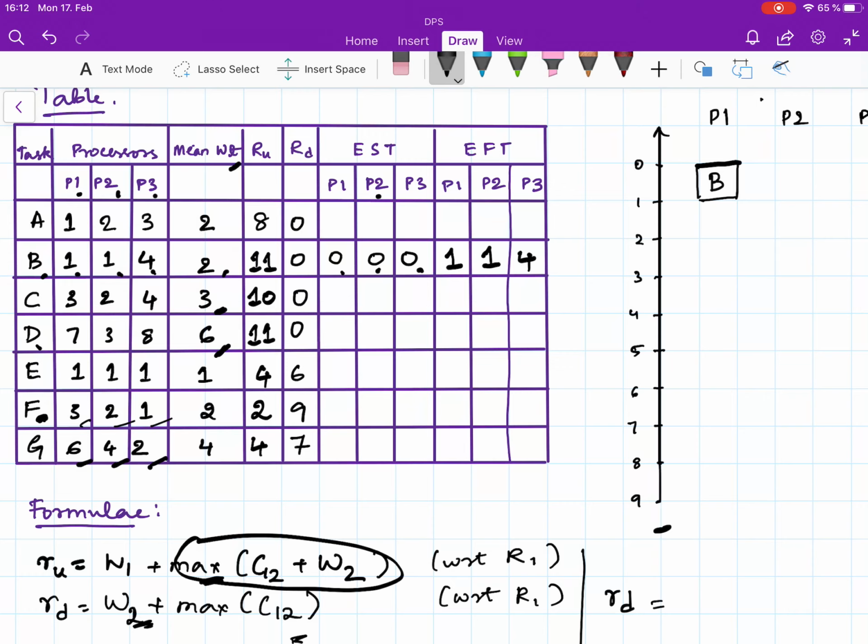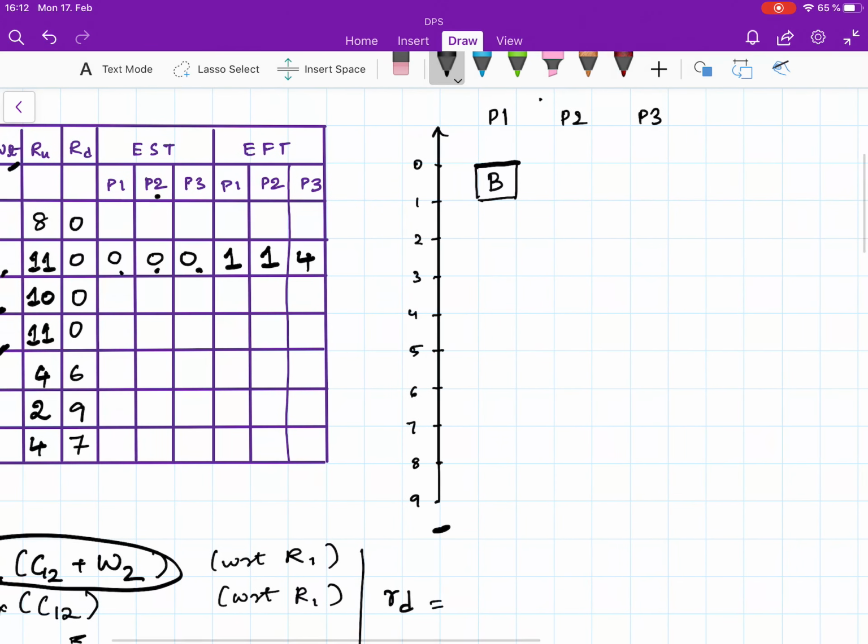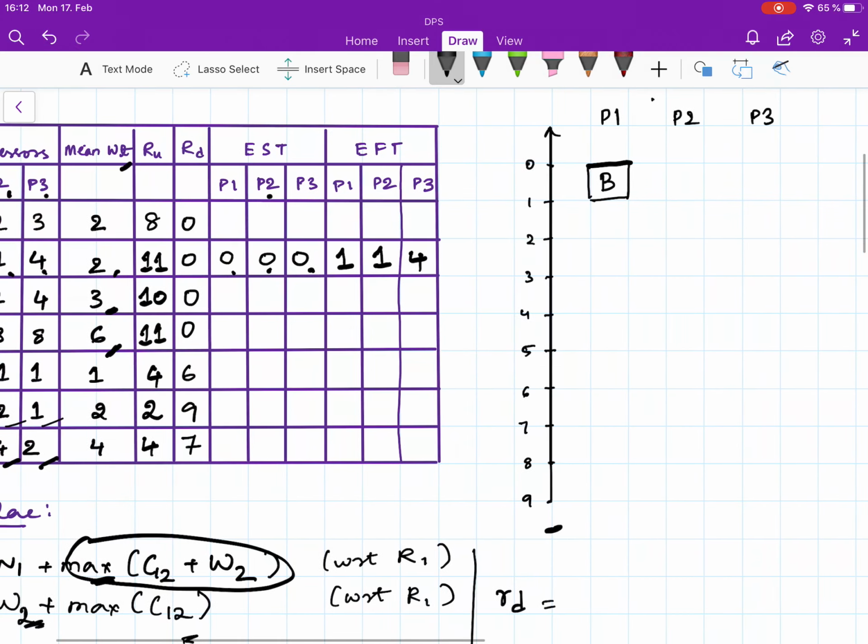Alright, so how would you take the next task for scheduling? So you can take the next highest one, which is D, right? D has 11 as its RU and it's higher than all the other values, so we take D. So when is it ready to start? See from the picture here, in the graph, P1 is busy till 1, so it cannot start until 1.